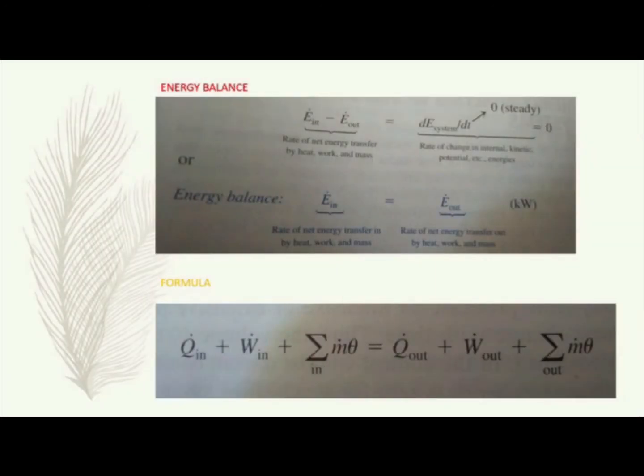For the energy balance, the formula is energy in equal to energy out. The rate of net energy transfer in by heat, work, and mass equal to the rate of net energy transfer out by heat, work, and mass.